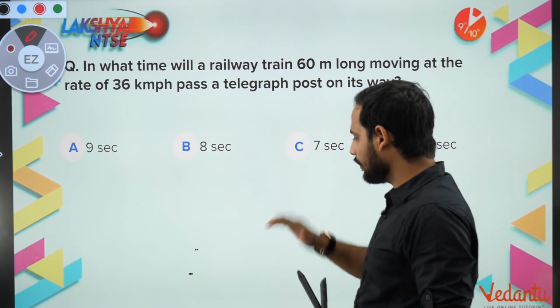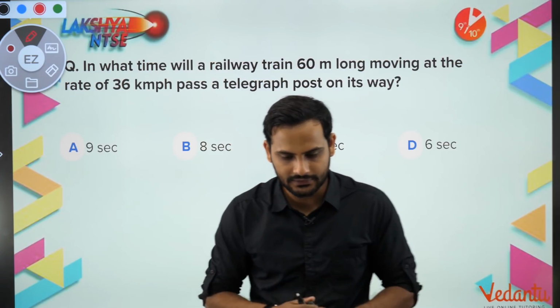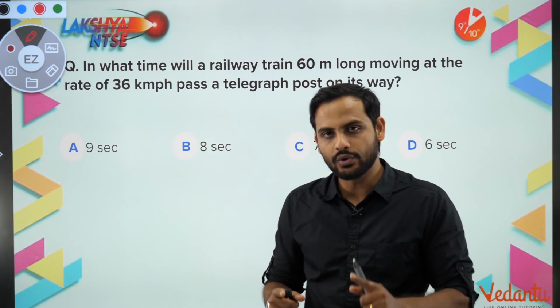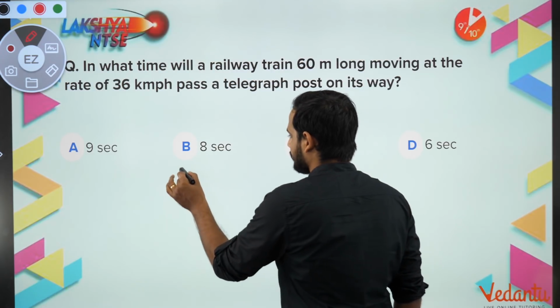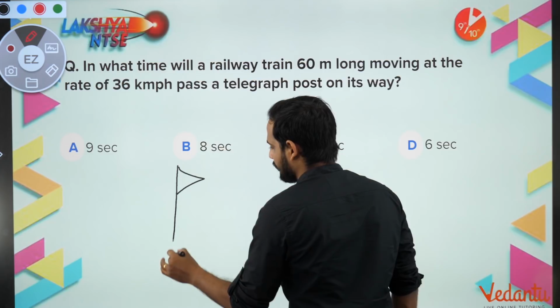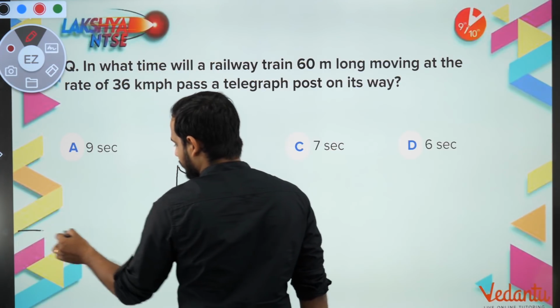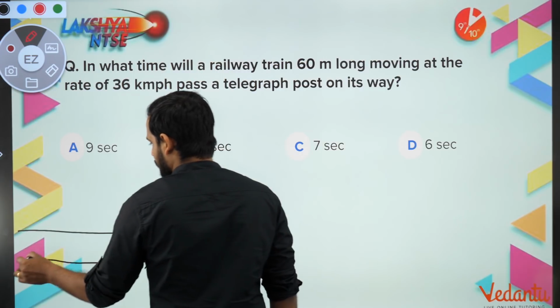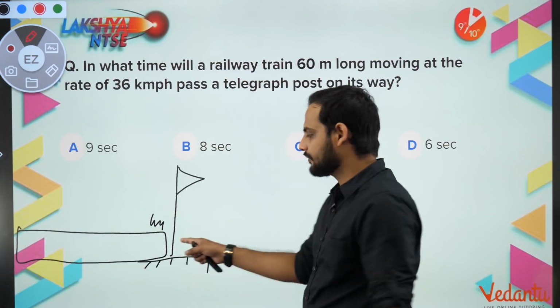Now always remember, in these questions, what is the main thing? Whenever you are supposed to cross a flagpole, let us say this is your train. Now see, bacho, at this point, has it crossed?